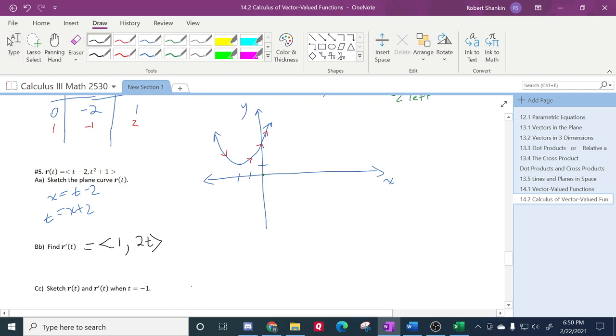On this one, r of negative 1, we just plug in negative 1 here, we're going to get negative 3. We're going to get 1 plus 1 is 2. r prime of negative 1 is we plug negative 1 into the r prime formula. Well, the 1 is always the x coordinate, but this is negative 2.